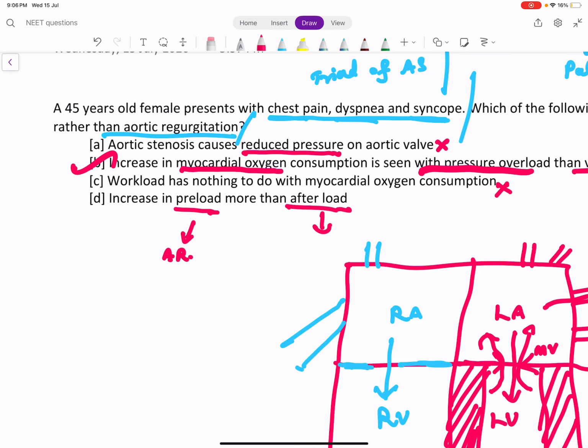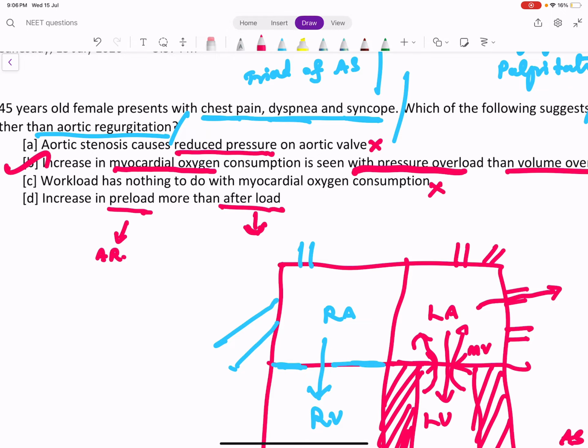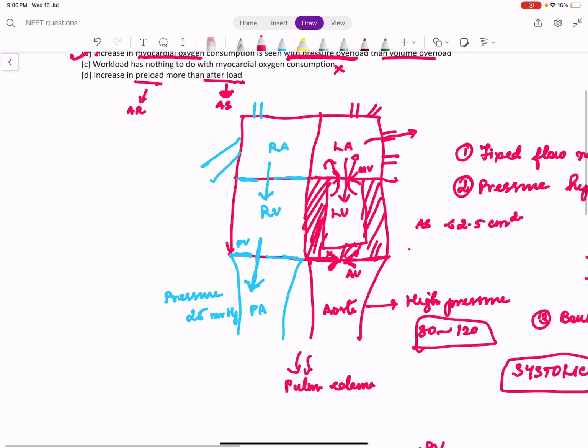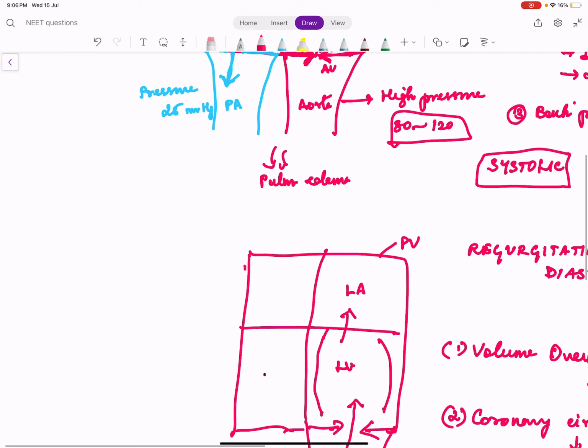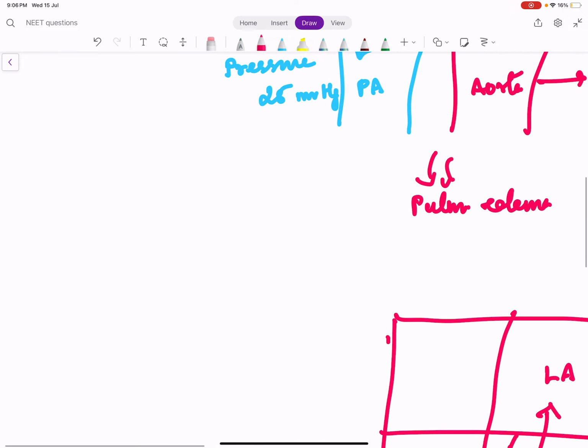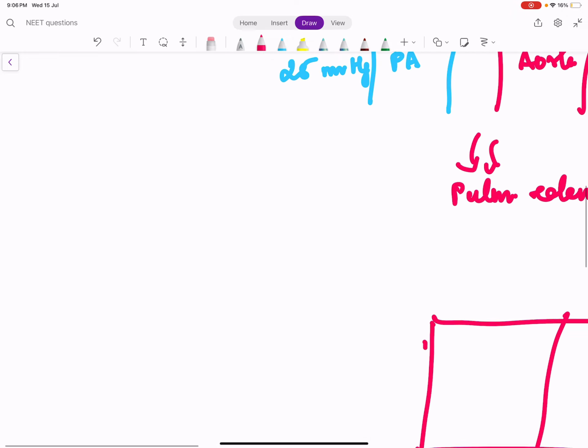So whatever blood is accumulated from the aorta into the left ventricle during diastole, during the next systole the left ventricle has to pump the same extra amount of blood into the aorta again. So the heart is preloaded in aortic regurgitation, whereas the afterload is more in aortic stenosis. Okay. So this question can come in physiology also, but if you discuss it here, it may be useful.